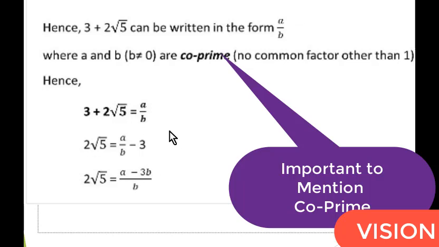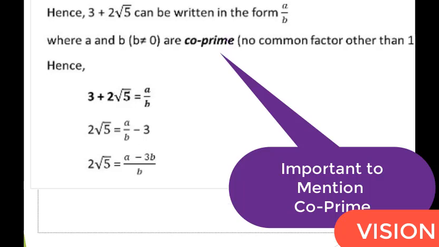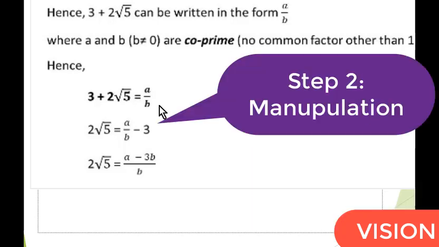Next we have to rearrange the equation. How should we rearrange? Step number 2 is manipulating the equation. Manipulating the equation means we rearrange the equation. We are moving the 3 to the RHS, so it becomes a by b minus 3.